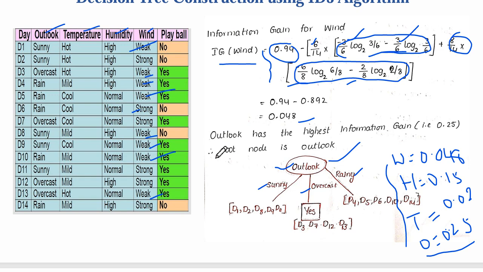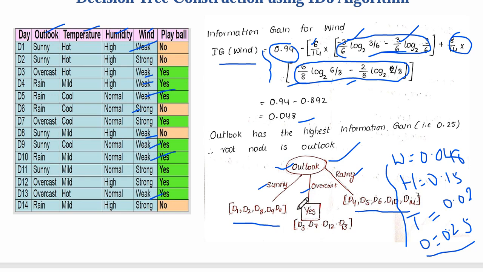Clear? So now outlook equals sunny: we have 5 records from the data set, those are D1, D2, D8, D9 and D11. Outlook equal overcast: we have 4 records, those are D3, D7, D12, D13. Outlook equal rainy: we have the remaining 5 records. Clear?